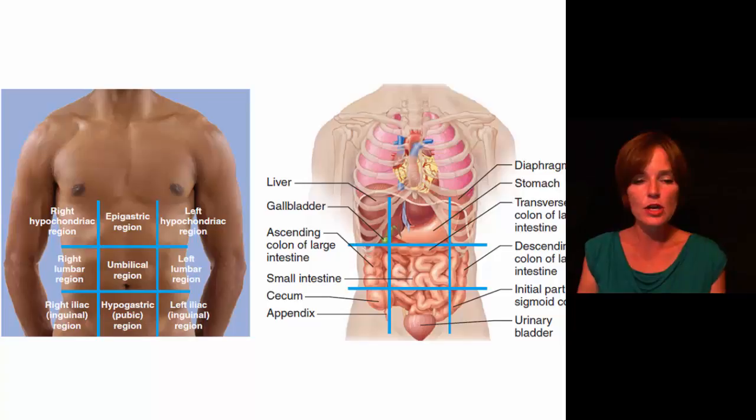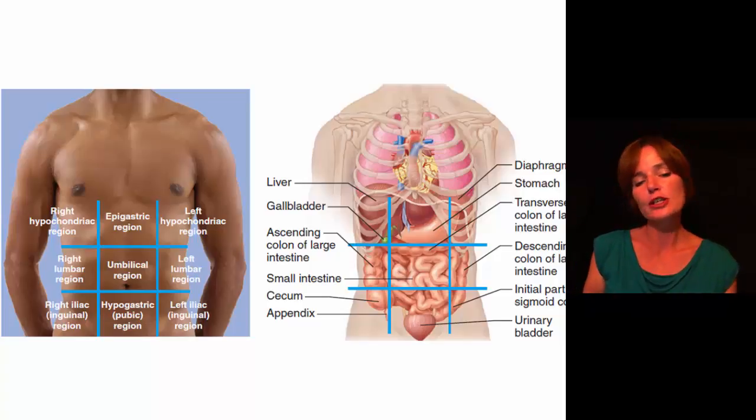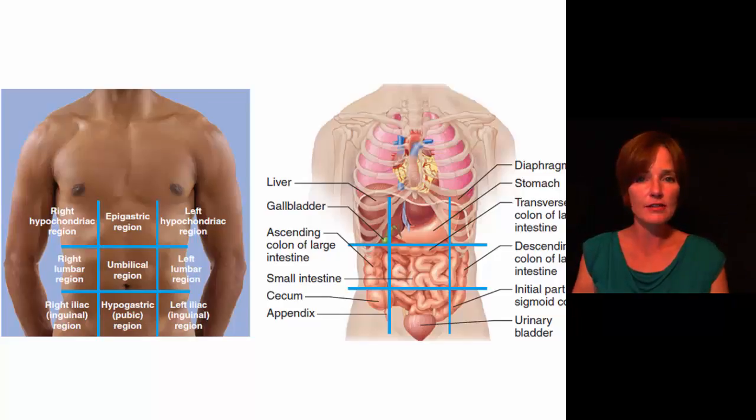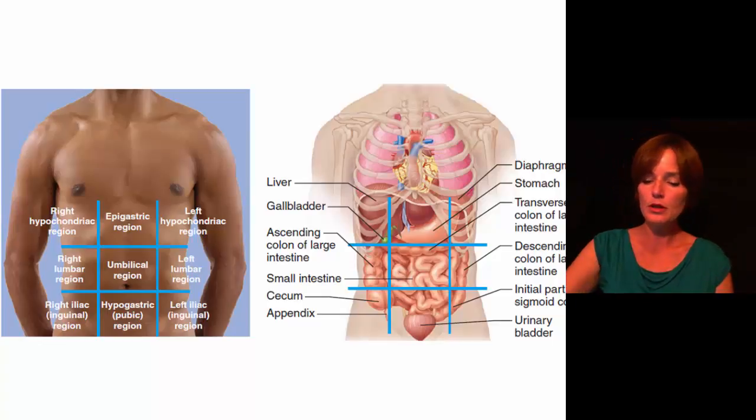So review those. Review what happens to be present in the umbilical region, for example, or in the left lumbar region, if there's something different there. Take a look at these different regions of the abdominal cavity and familiarize yourself with them. Familiarize yourself with which region of the abdominal cavity contains the urinary bladder, for example.